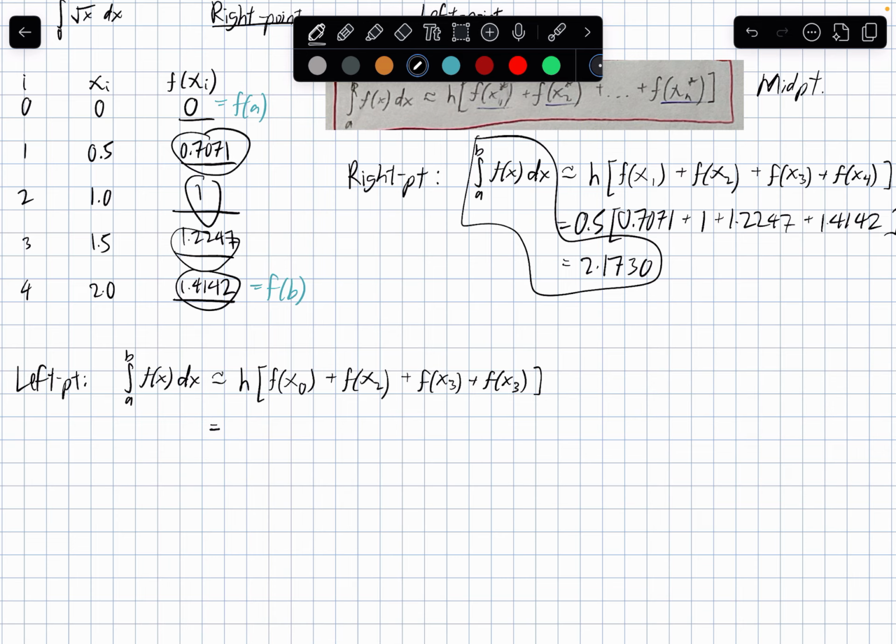What if left point? So let's substitute. This time, f of x sub 0 is involved, so 0 lang yan, no? And then f of x sub 2, f of x sub 3, wait. This is supposed to be 1, 2, 3. Okay? I apologize for that.